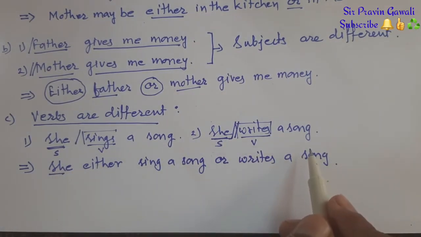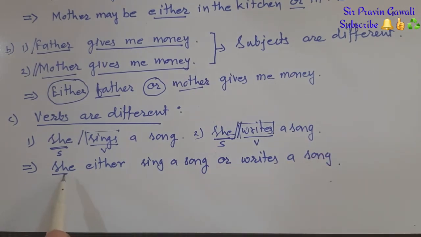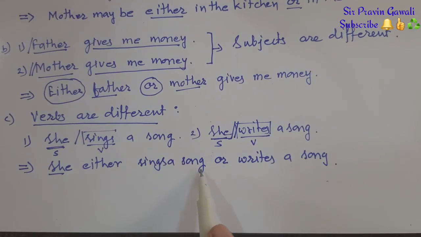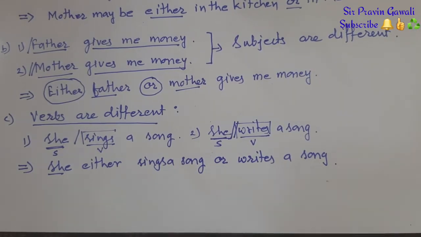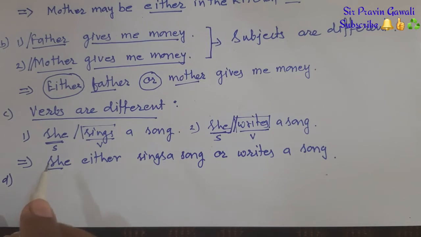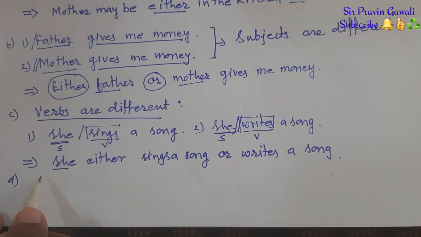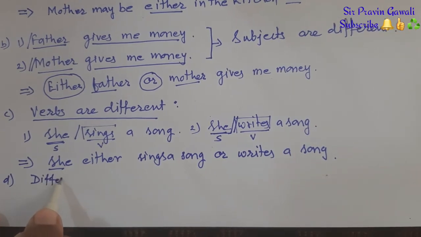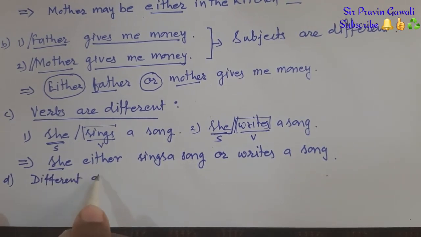So the sentence will be: she either sings a song or writes a song. Okay student, have you understood now? Students, we will have one more example. How to connect the sentences when the objects are different.